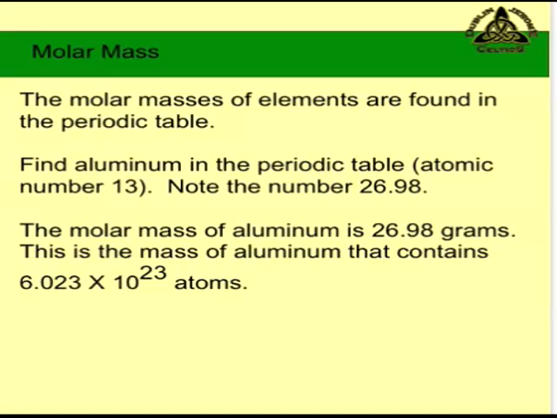The molar mass of aluminum is 26.98 grams. And that means that if we have 26.98 grams of aluminum, we will have 6.023 times 10 to the 23rd atoms of aluminum. Whenever you have the molar mass of something, you have 6.023 times 10 to the 23rd particles of that material.